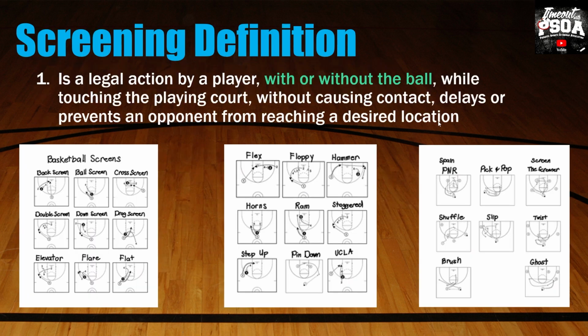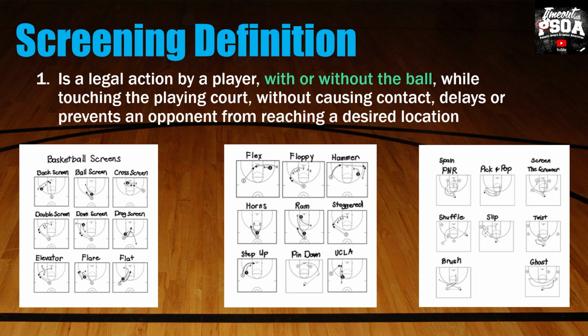So the definition: screening is a legal action by a player with or without the ball while touching the playing court without causing contact, delays, or prevents an opponent from reaching a desired location.